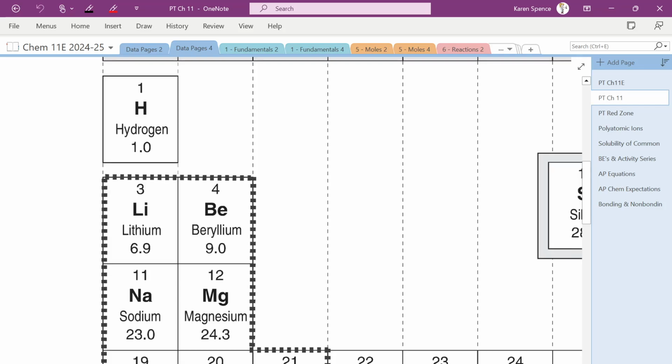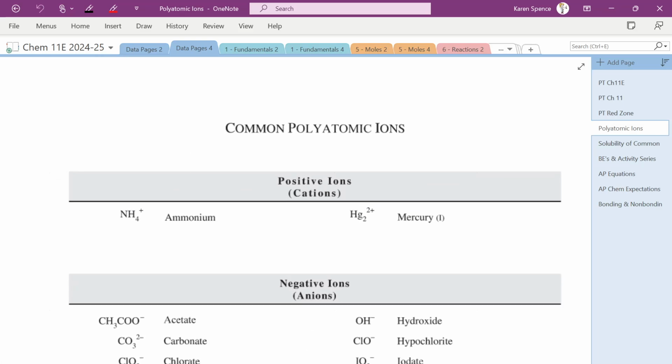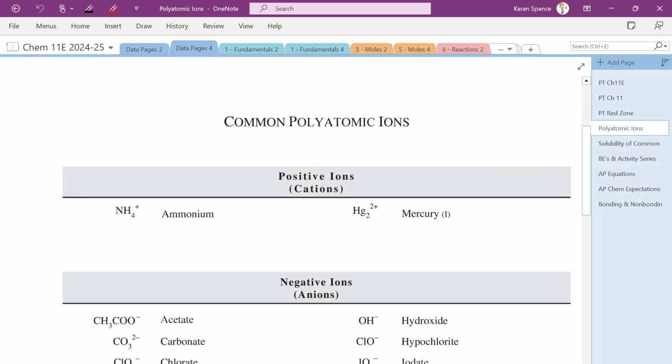And we're going to, if you want to, write the charges down, but I'm going to encourage you to memorize the charges, and they're pretty easy. In fact, it's as easy as 1, 2, 3, and we'll go through that in just a moment. But the reason we're here right now is that if we go to page 3 of your data booklet, we find a table of polyatomic ions.